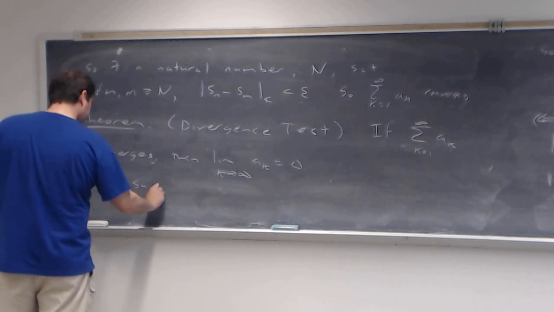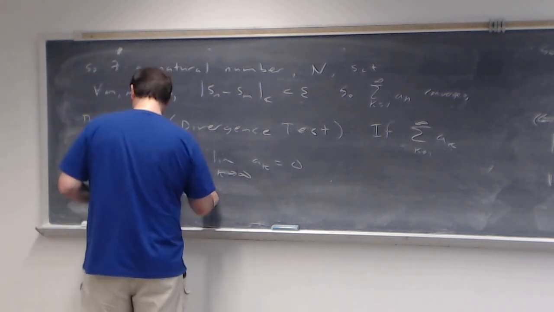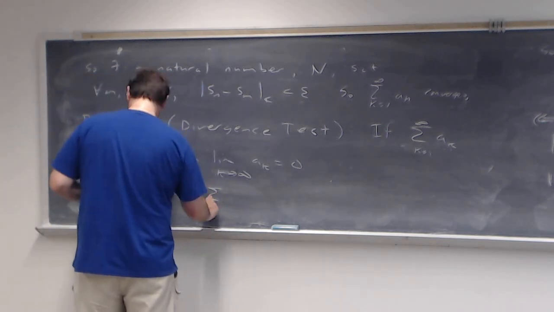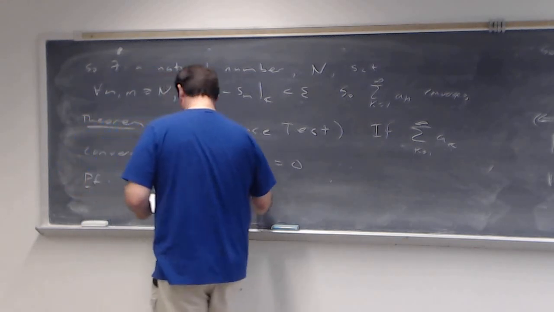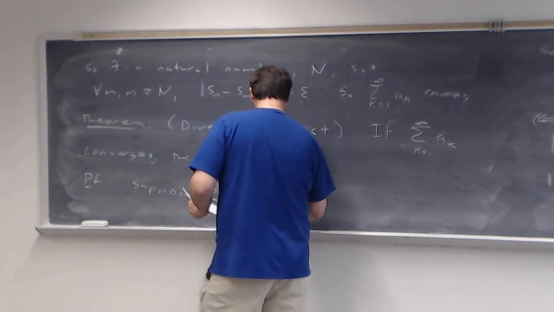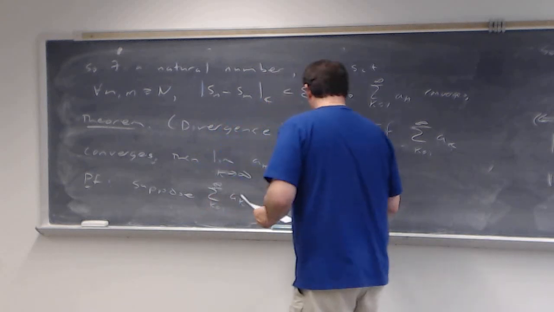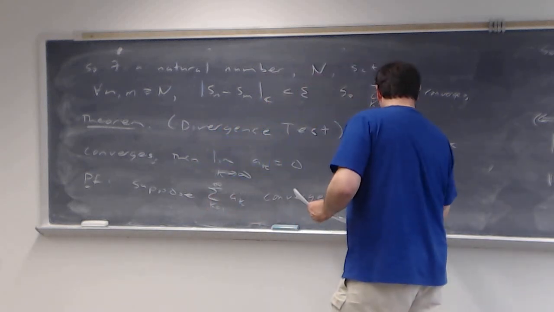Okay. Here's the proof. Suppose this series of a sub k converges. Then we let epsilon greater than 0 be given.